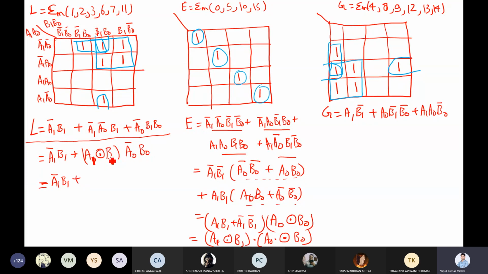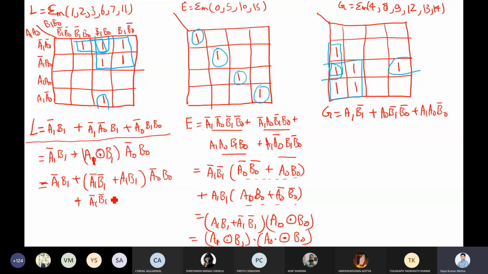Now once you simplify it, what will you get? Let me expand this. So here you will get A1 bar B1 bar plus A1 B1 and A0 bar B0. Can we expand this further? Let's club them together. So what will we get?